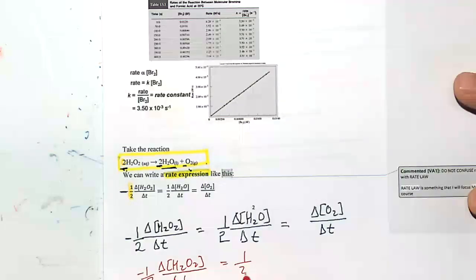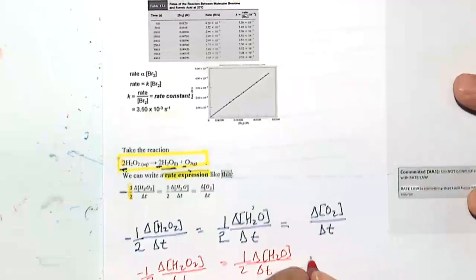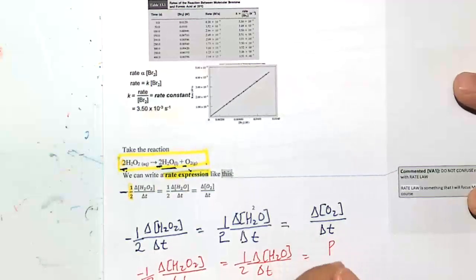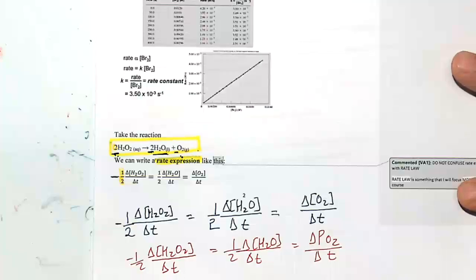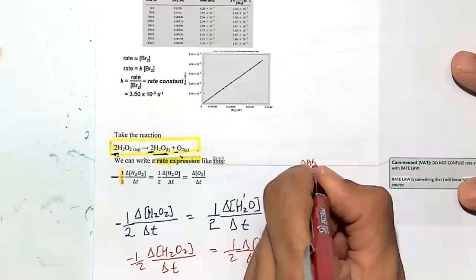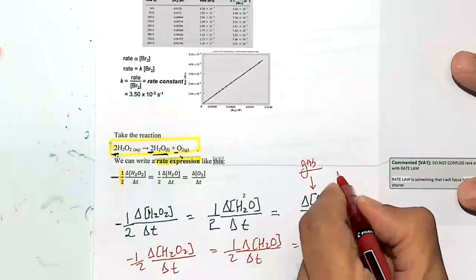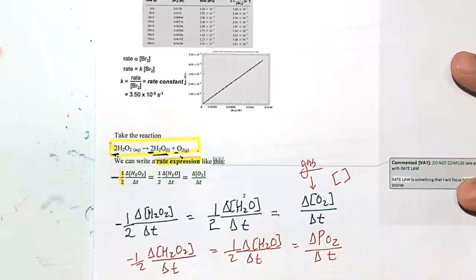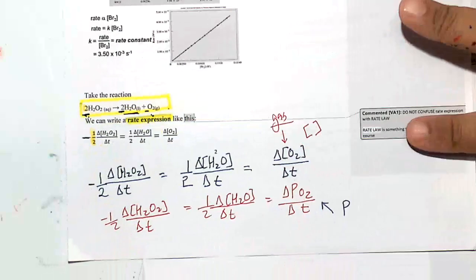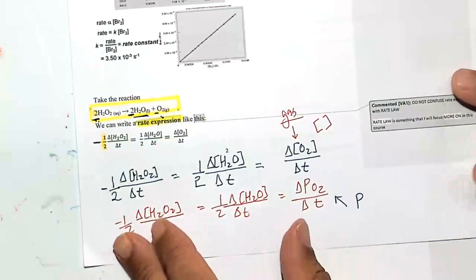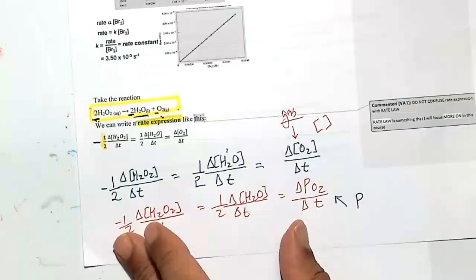Because this is a gas, you can express it either as a concentration, which I'm doing here, or as a pressure, the change in pressure of O2 over time, which I am doing here. So in terms of the expressions, the products are always positive, correct? Yes, because they are increasing over time.